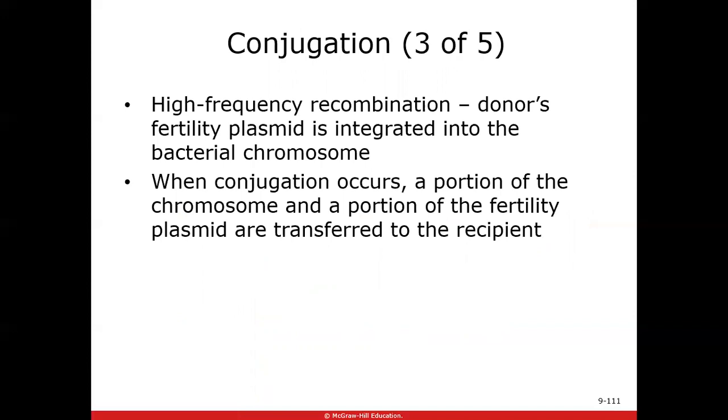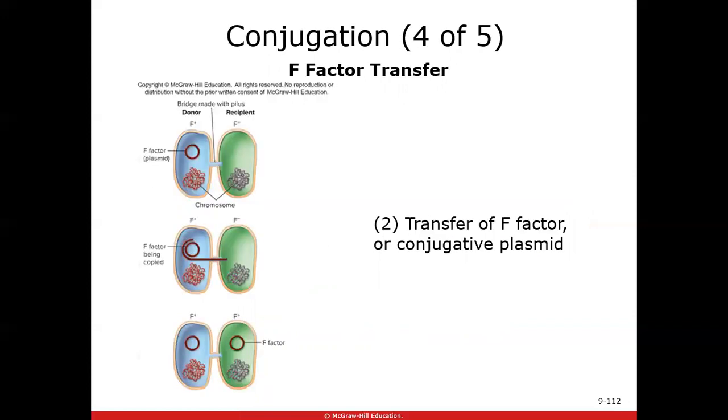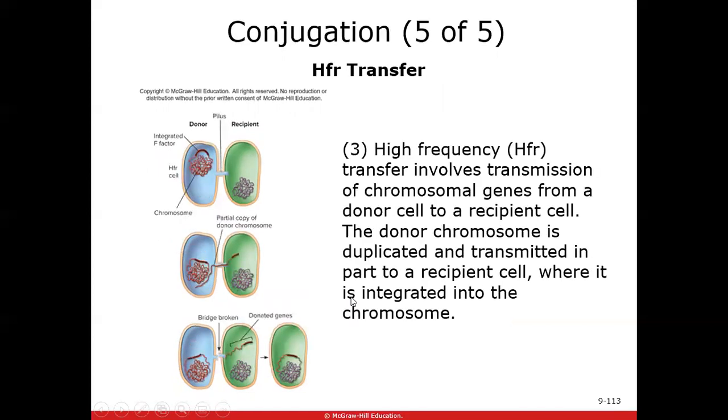High frequency recombination: the donor's fertility plasmid is integrated into the bacterial chromosome. When conjugation occurs, a portion of the chromosome and a portion of the fertility plasmid are transferred to the recipient. This is transfer of the F factor. Once again, this one does not have it, this one has it, and it physically transfers it over. Now both of them have that factor. They basically teach each other.